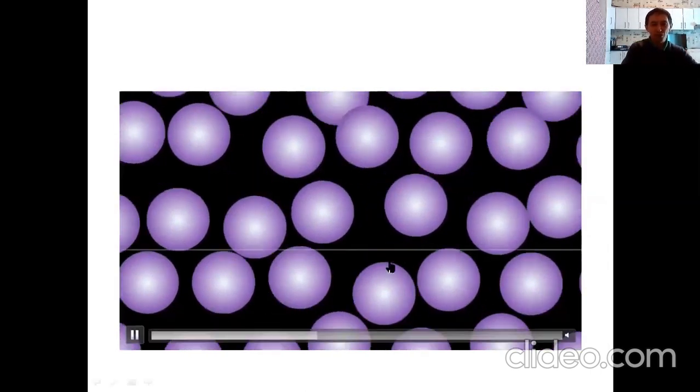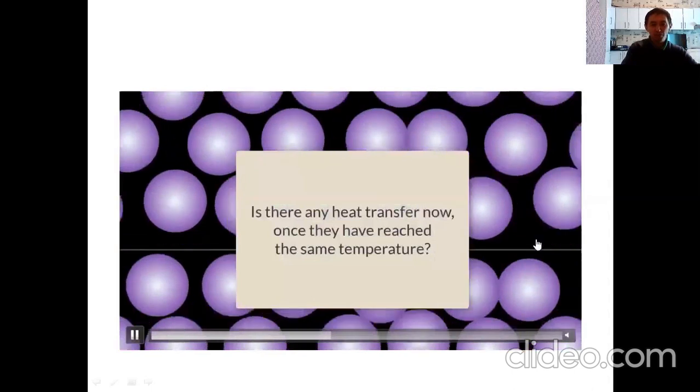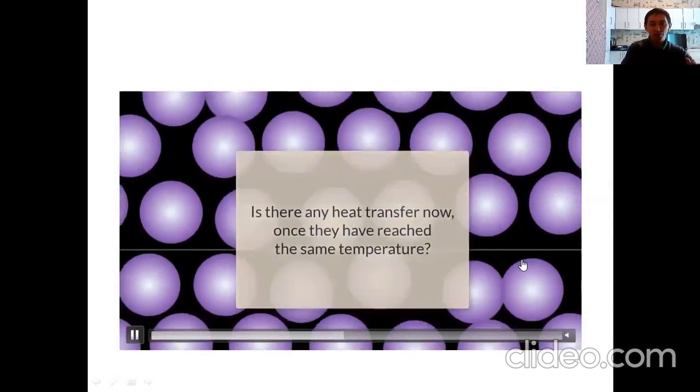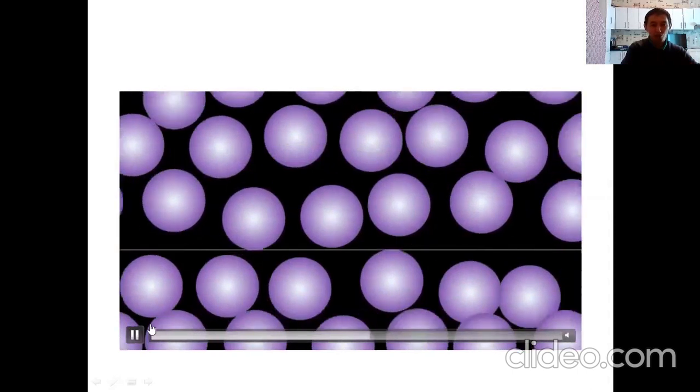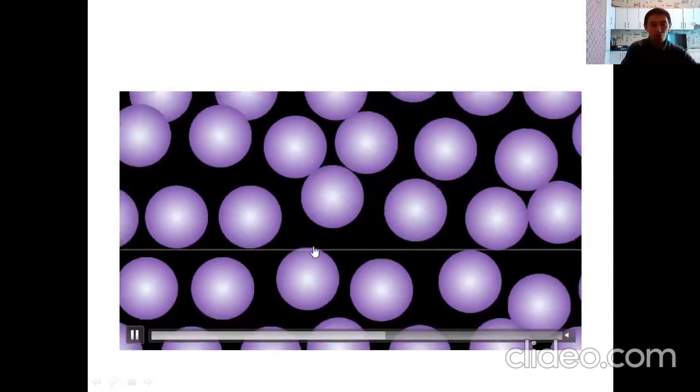You see what happens? Molecules from the mobile phone flow into your hand.